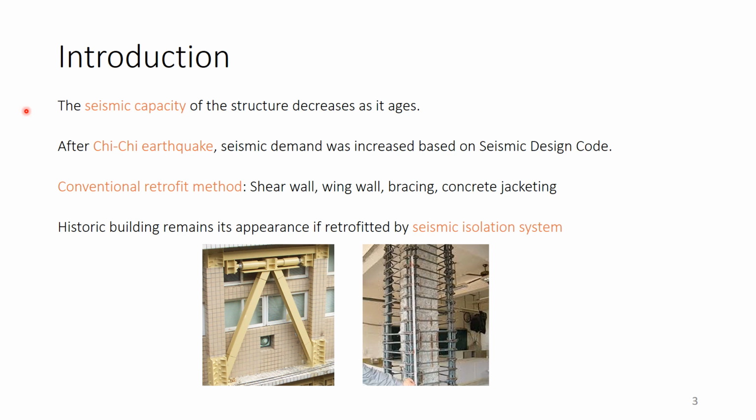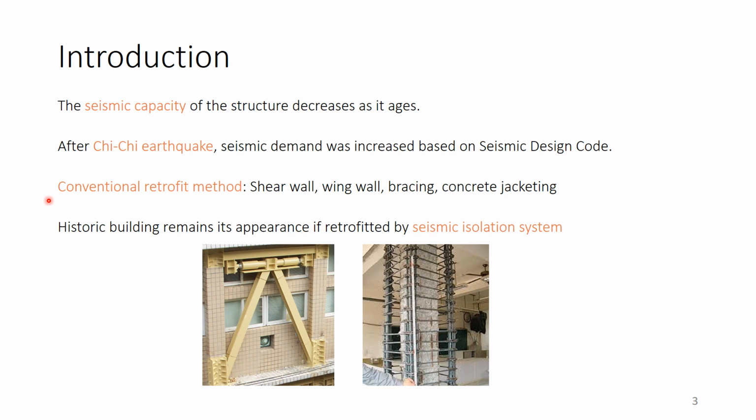So as we know that the structure's seismic capacity decreases as it ages, and also after GG earthquake, seismic demand was increased based on the seismic design code. We know that for a retrofit of the structures, there are some conventional retrofit methods such as shear wall, wing wall, bracing, or concrete jacketing.